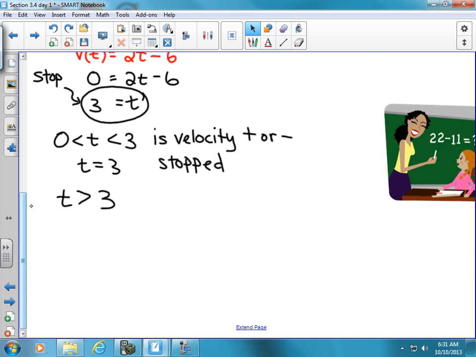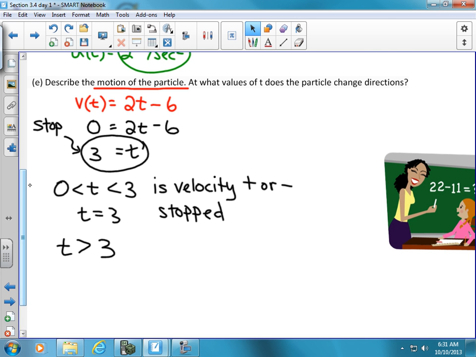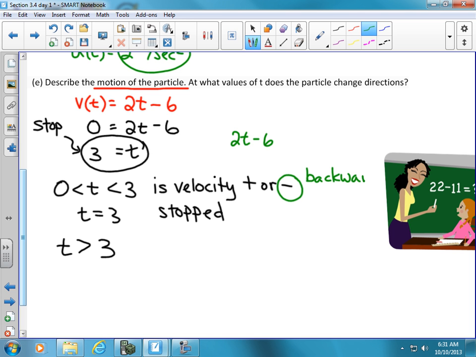So if we plug a 1 into 2t minus 6, a number between 0 and 3, this is a negative number. Therefore, the particle is moving backwards or left, whichever way you want to.